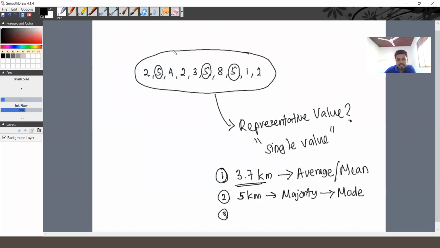Right? We can rearrange this data in ascending order. Ascending order එක හැදුවට පස්සේ කොහමද? 1, 2, 2. Right, I will put this as 3 here. Then this becomes 3, 3.